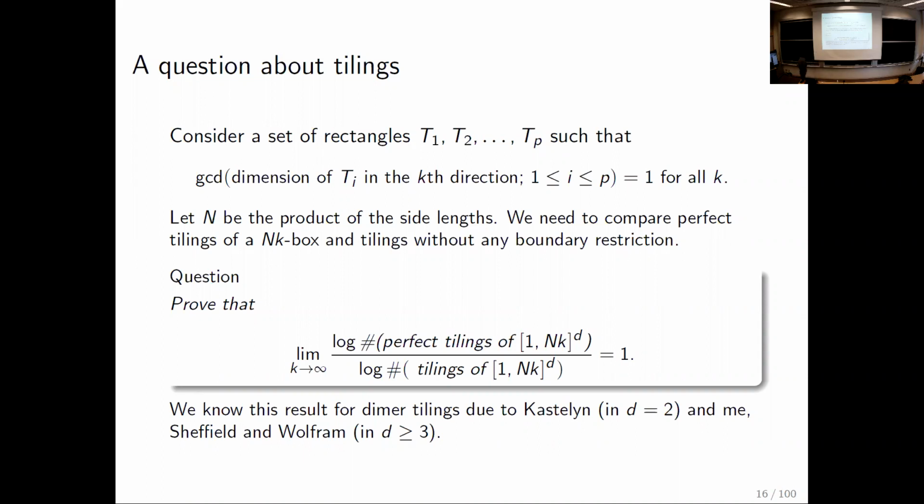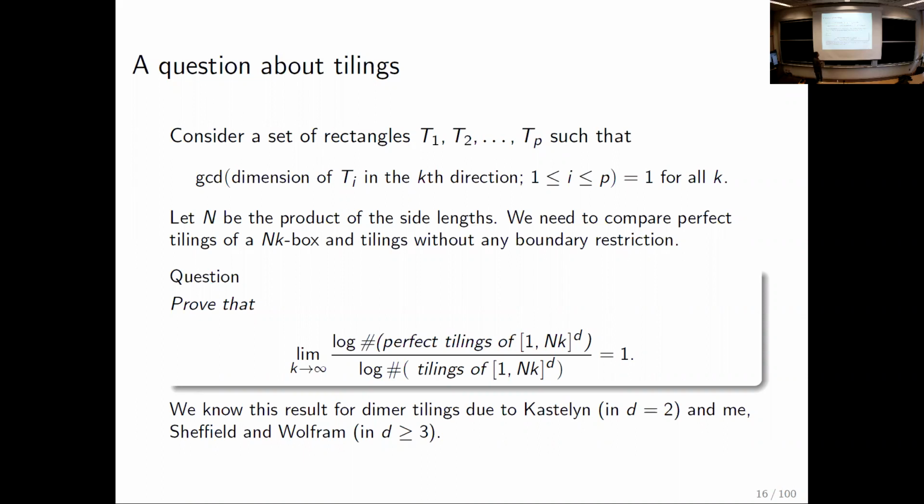So for instance, say that I have at least 3 tiles that I'll be tiling with in Z^5, I would want that the GCD is equal to 1. This assumption is somewhat important in my study.